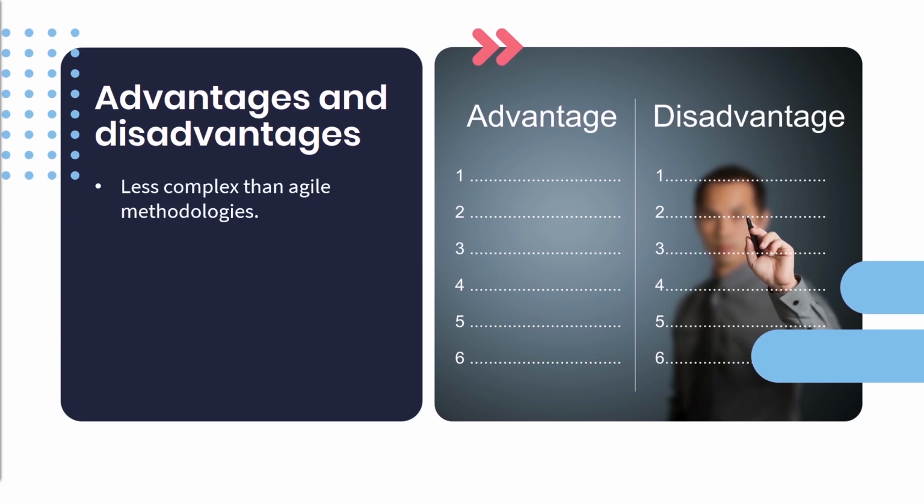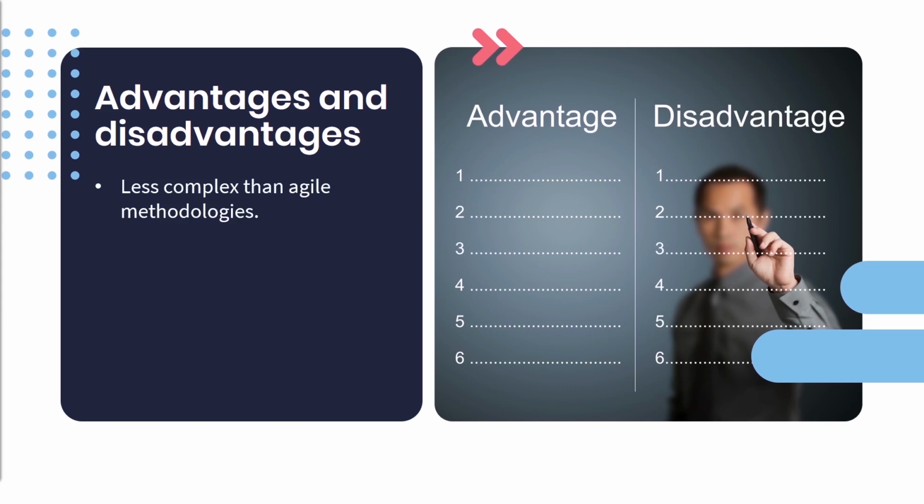And when we say less complex, we're referring to the fact that because it lacks iteration and because phases don't necessarily overlap, this makes it easier, I would say, to draft your requirements in stone from the get-go, given that your client is very sure about the requirements moving forward.